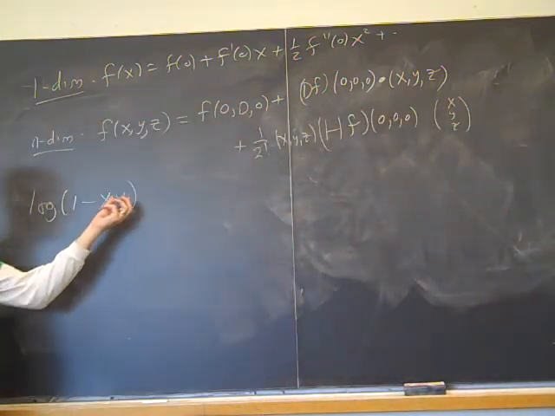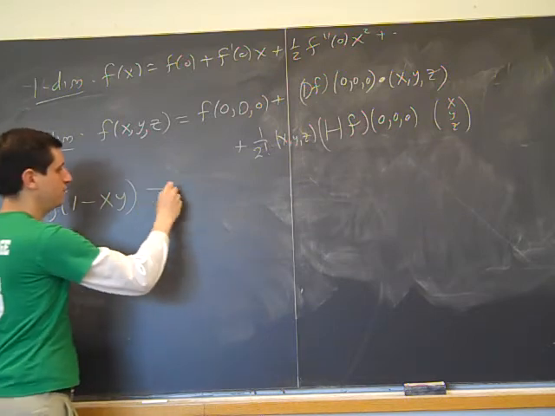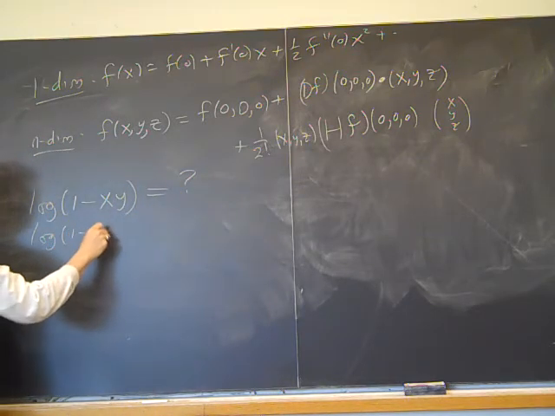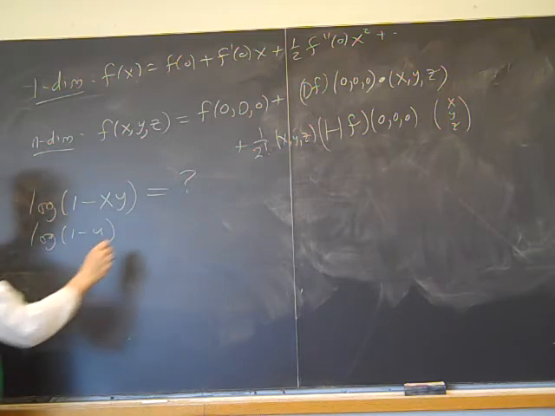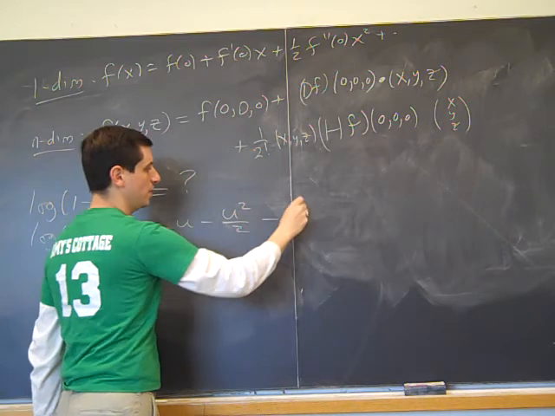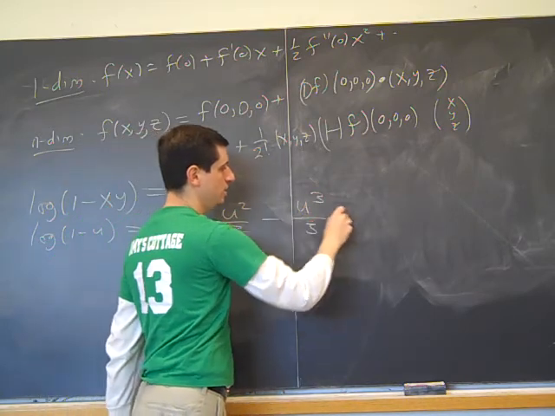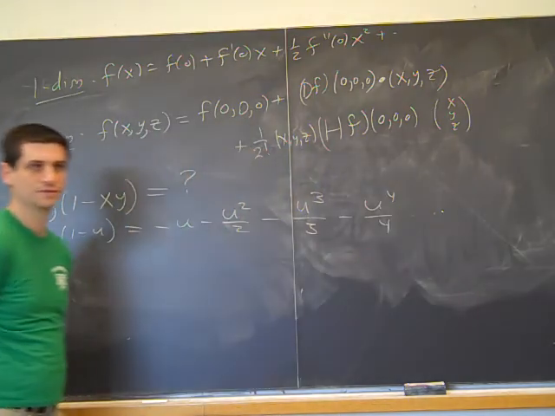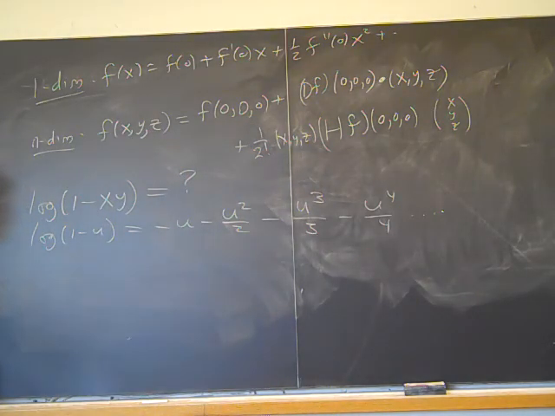I have the log of 1 minus xy, and I want to figure out what does that equal. Well, I know what the log of 1 minus u is. This is just negative u minus u squared over 2 minus u cubed over 3 minus u to the 4th over 4. What should I do? Let's plug in xy.